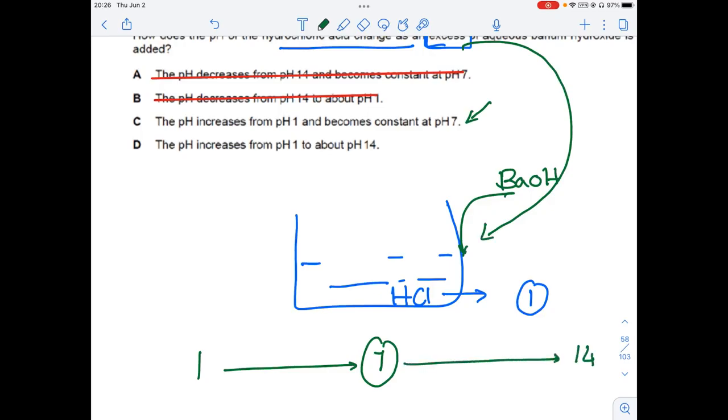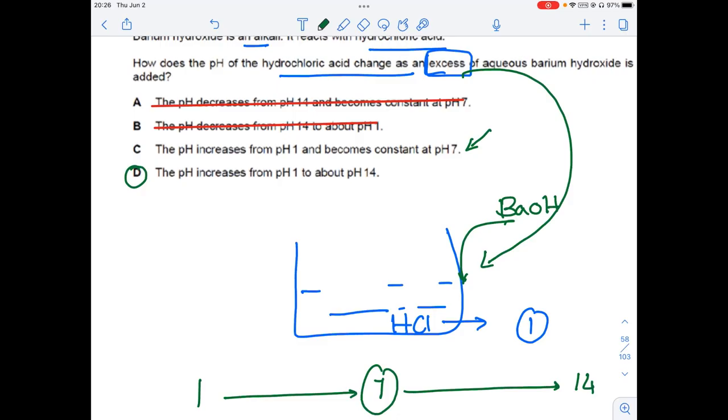You are keeping on adding. So the pH will rise up to 14. So option D is going to be the answer, not constant at 7. If you were adding a sufficient amount, it would be a neutralization reaction and the pH would have stopped at 7. But now you are adding excess barium hydroxide, so the pH will keep on increasing up to 14. So option D is the answer.